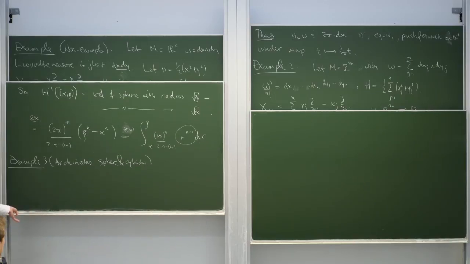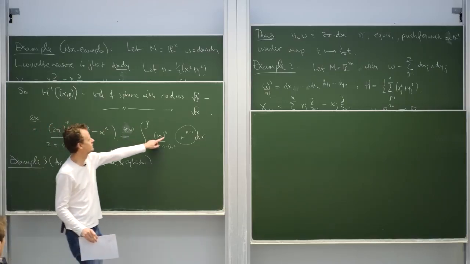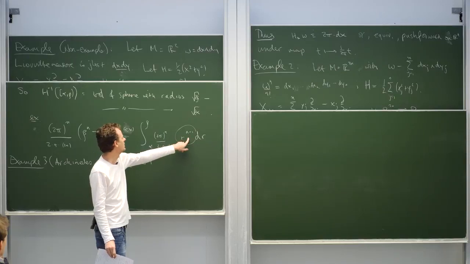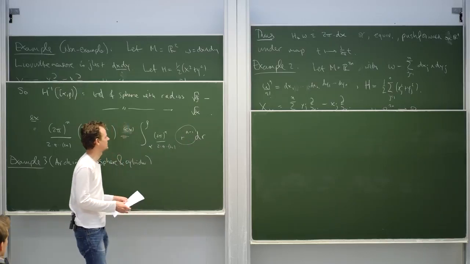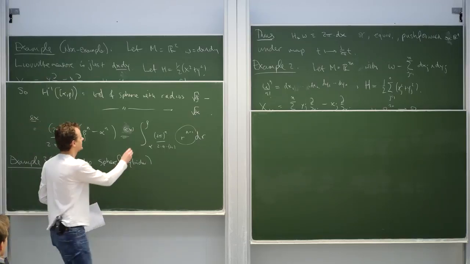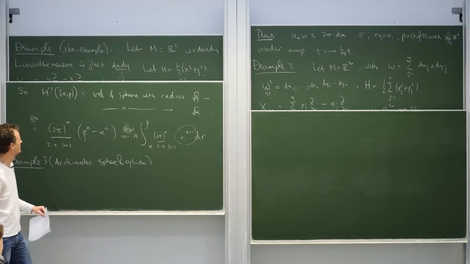Sorry, maybe I'm wrong. Don't you miss the prefactor in the integral? Over n. Oh, so the question is, don't I miss a prefactor here from the integration? Yeah, that's a good point. So the factor should be n, right?